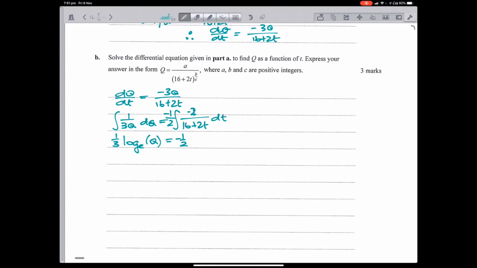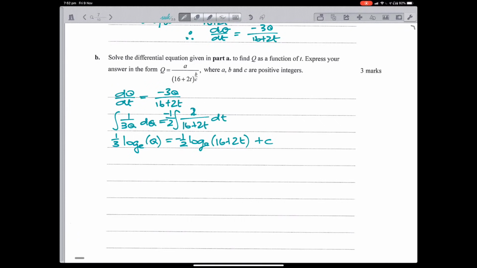Now the top is the derivative of the bottom. So I end up with log e of 16 plus 2t plus c.